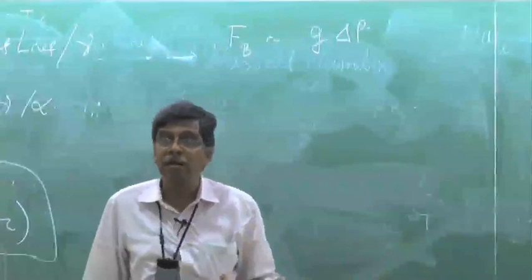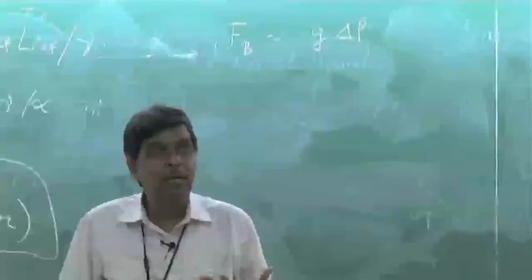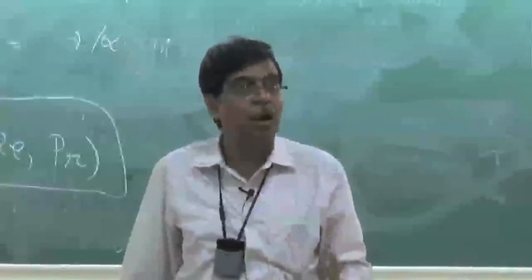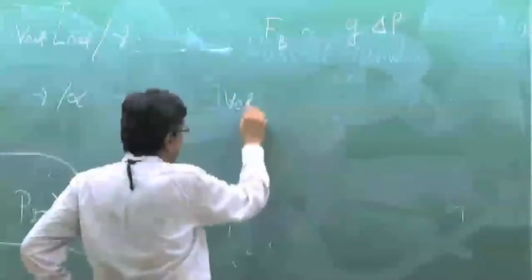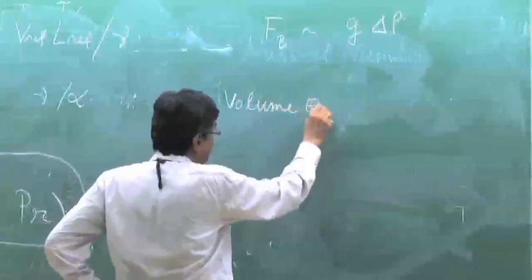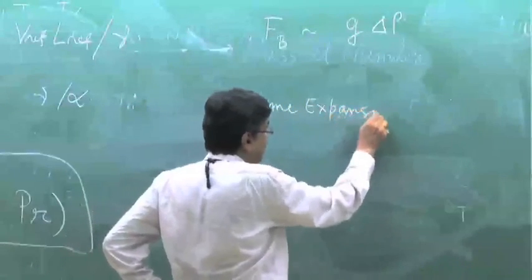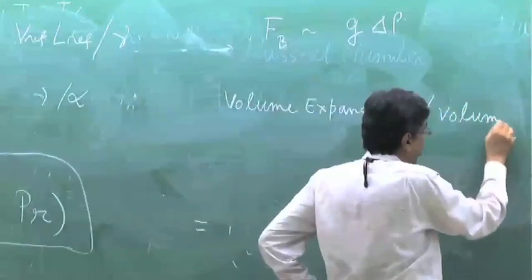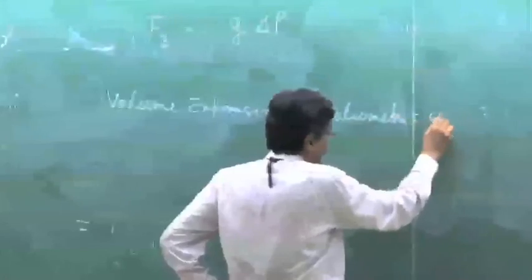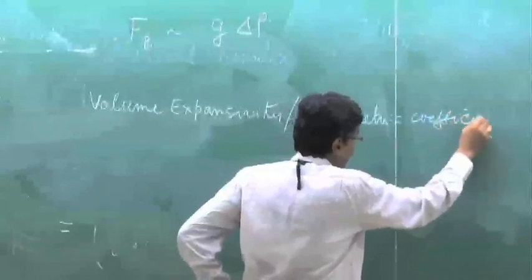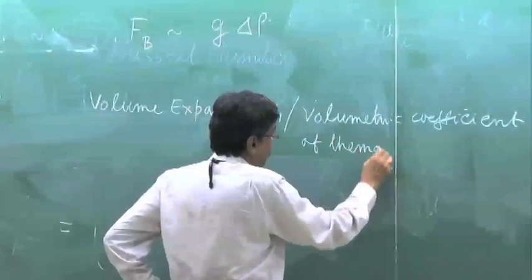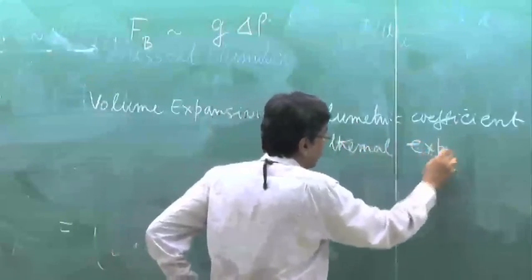And the heat transfer scientists usually substitute this change in density in terms of a parameter known as volume expansivity, or volumetric coefficient of thermal expansion.